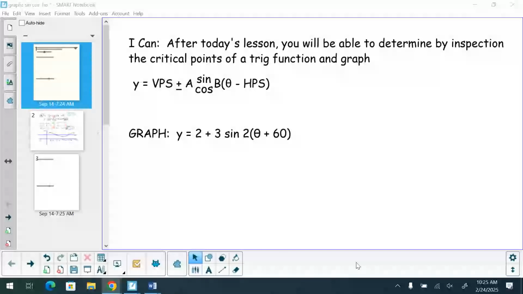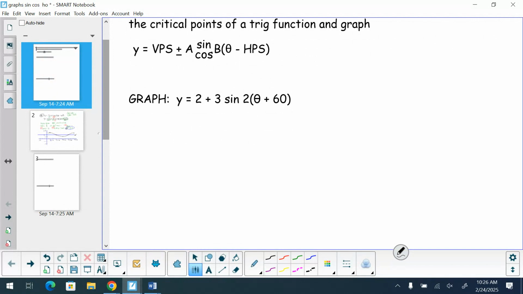This will be a base equation that we will continue to look at. Now, what we should be able to do, by inspection, is pull out these values from our equation.